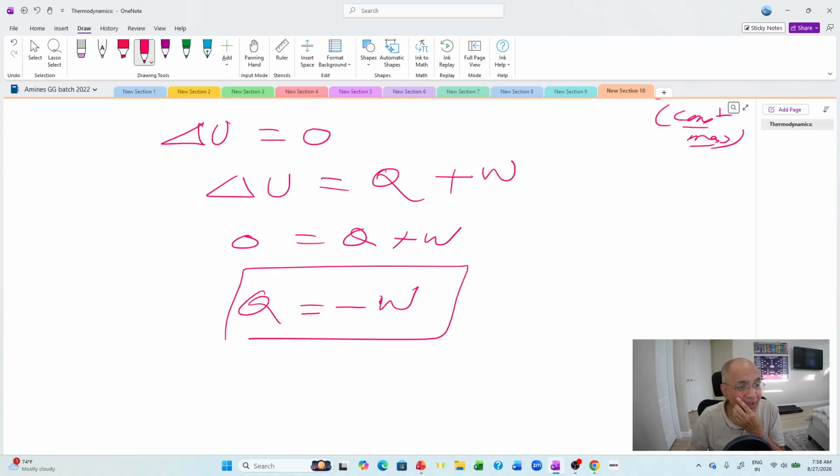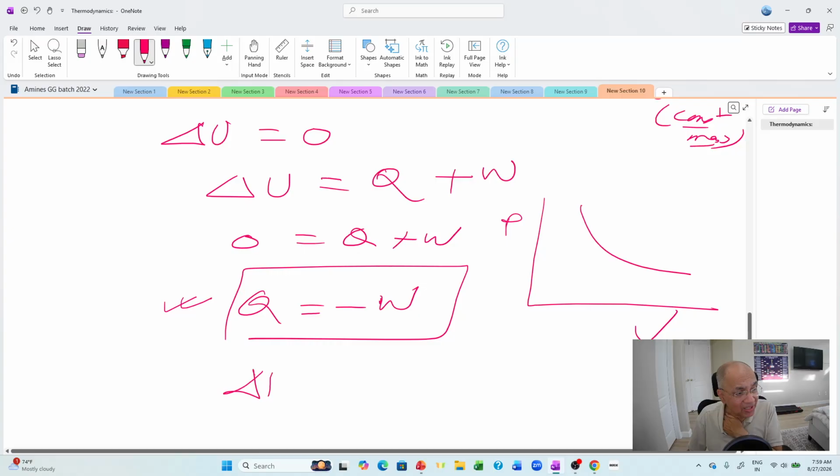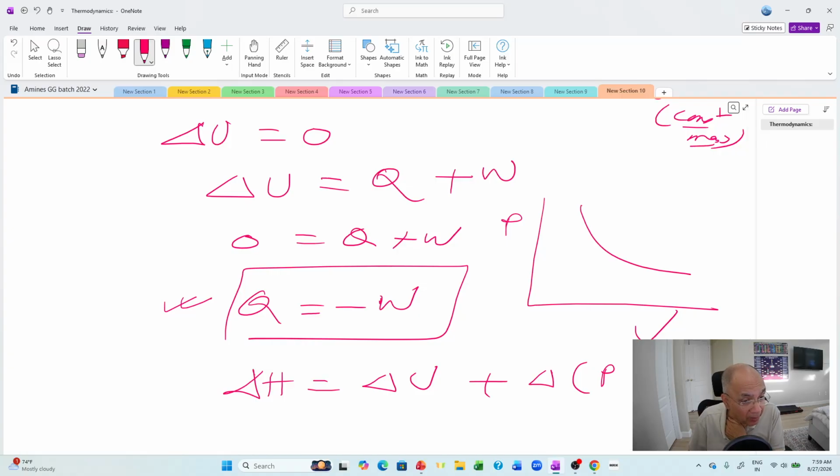We already know the graph for that, and we know how to find the work done, minus 2.303 nRT log V2 by V1. In this case, del H is equal to del U plus del(PV), because everything is changing, pressure and volume both, and PV is equal to constant.